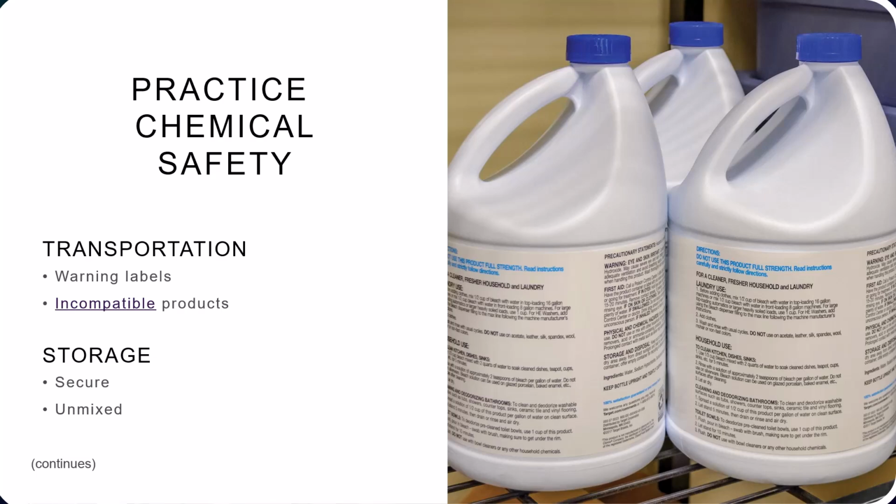For product storage, there should be a designated place to store specific chemicals, and you should never allow chemicals to sit out, even in a dispensing area. Chemicals should be locked up at all times, and if an adult can get to them, so can a child. Hopefully there are no children in our classroom, so we shouldn't have to worry about that too much.